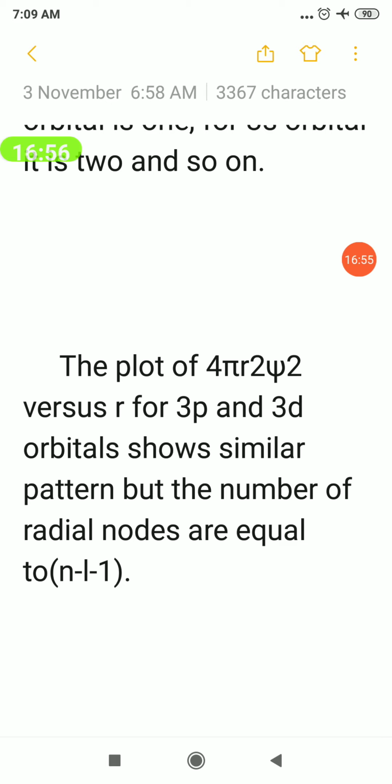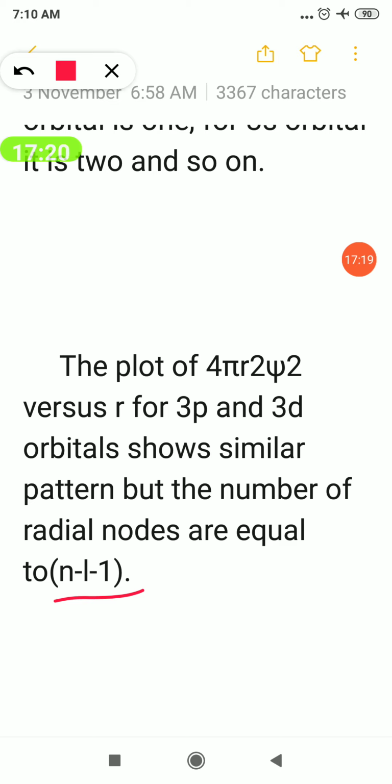In such cases, the number of radial nodes will be equal to n minus l minus 1. For the 3p and 3d orbitals, the number of radial nodes will be equal to n minus l minus 1, where n is the principal quantum number and l is the azimuthal quantum number. Shall we calculate the number of radial nodes for the 3p orbital?